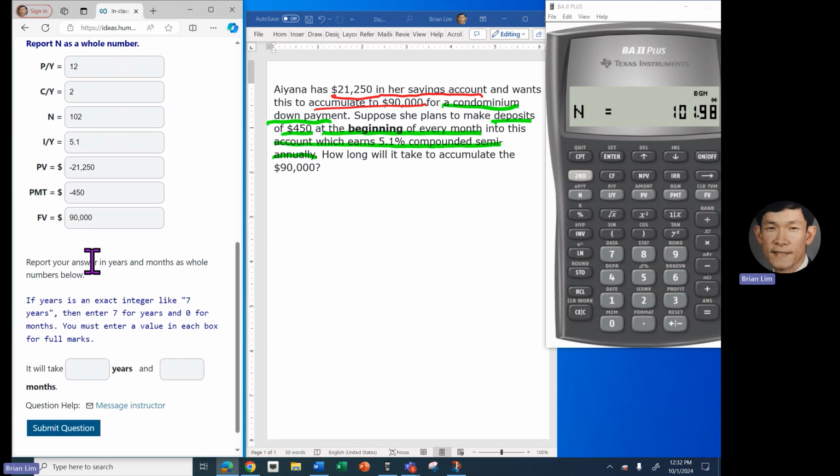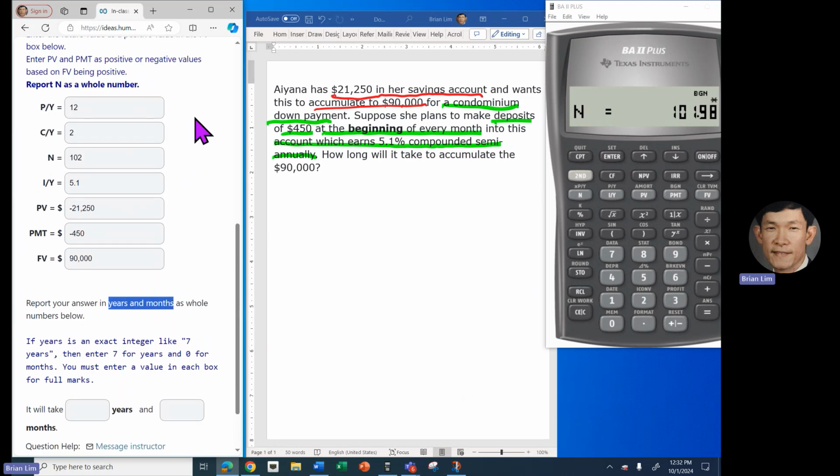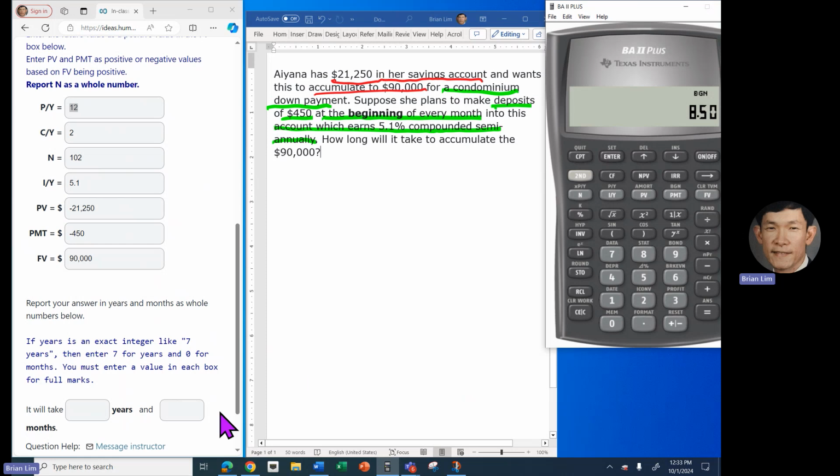Now we have to go and calculate years and months. So how do we get that? Well, remember the value for N is the number of years times PY. So we will put 102 divided by the PY value of 12. So we divide by 12 and we have a number. So that is 8.50 years.